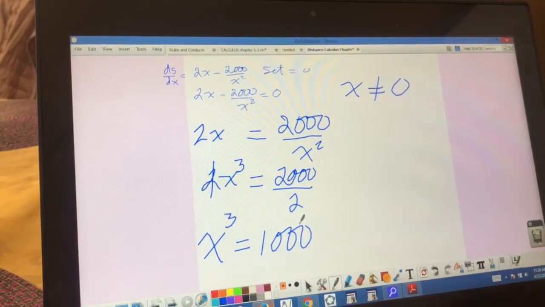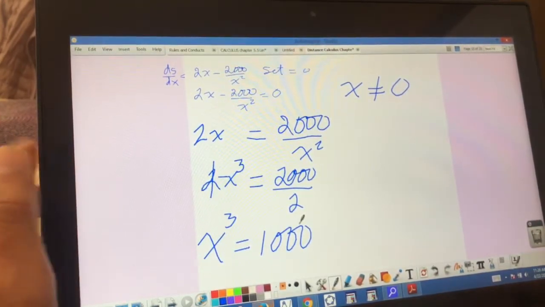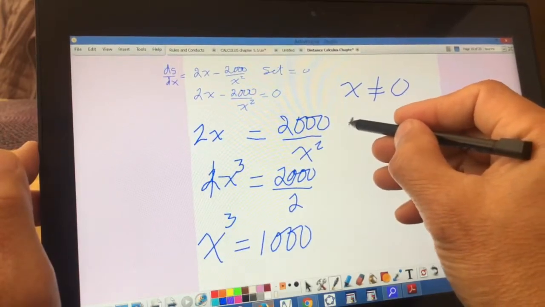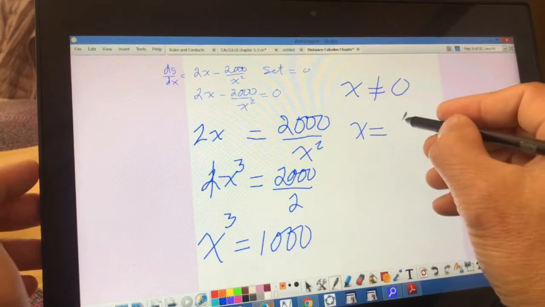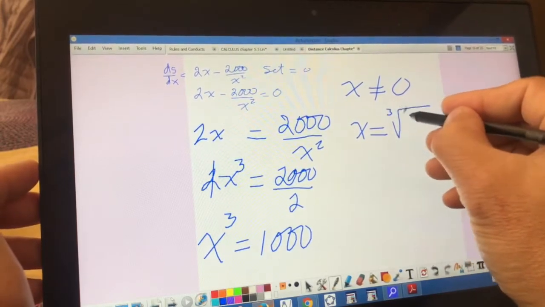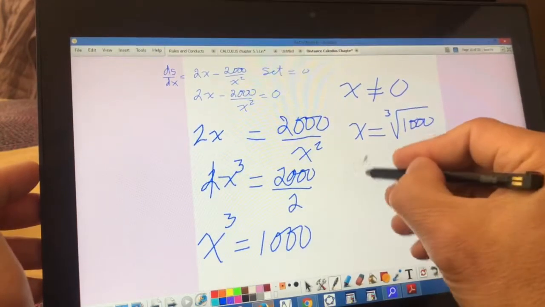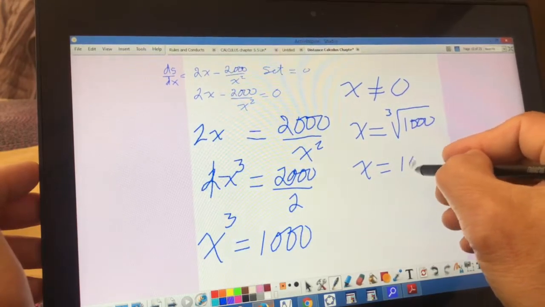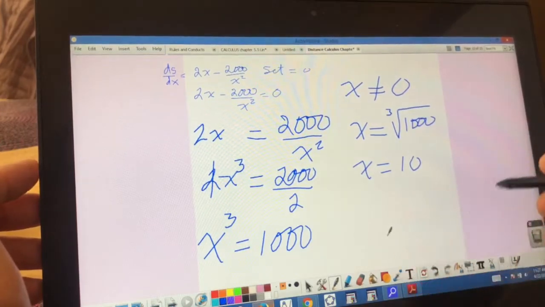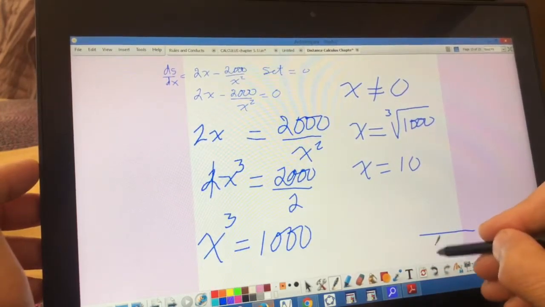And again, you can pause the video anytime you want. So now to get x, the x is the side of the base. You take the cube root of your 1,000. So x is the cube root of 1,000, which is 10. So the width of the base is 10.